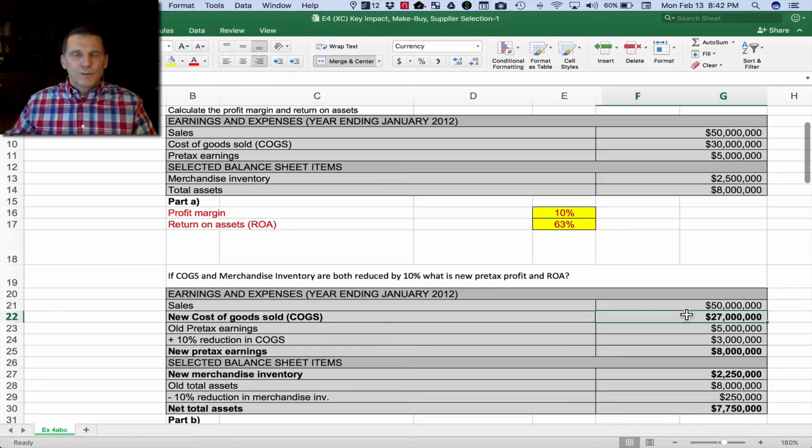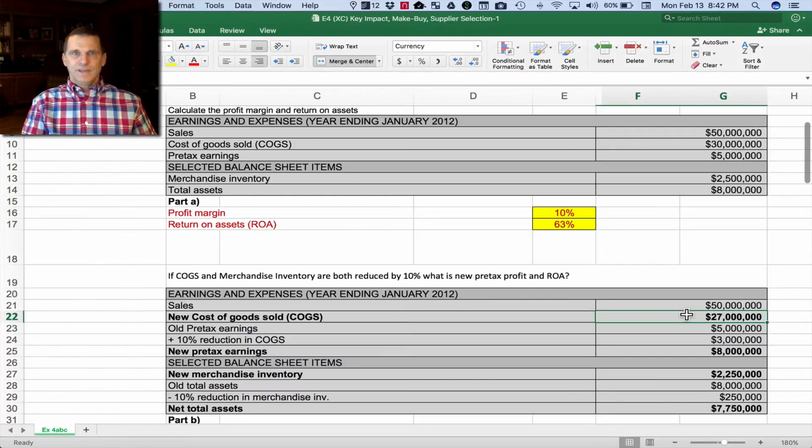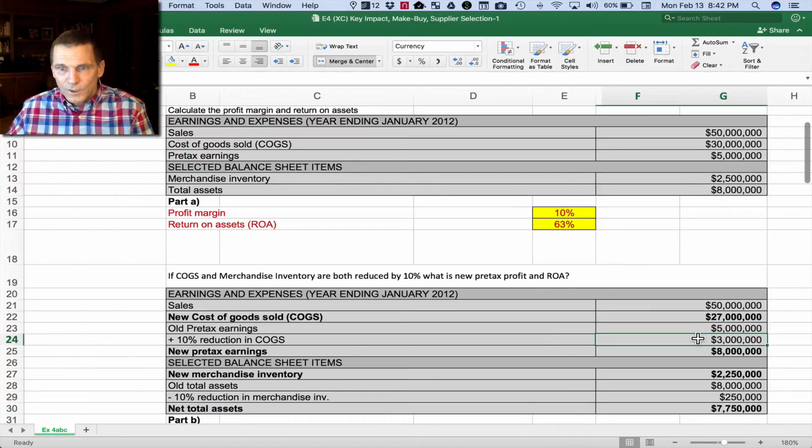And the key principle to remember here is that we have just taken in this model $3 million out of our supplier's pockets and put it in ours. That's $3 million we would never pay the supplier for exactly the same amount of materials that we used to pay them $30 million. Now we will pay them $27 million. For that reason, we need to add this $3 million back into our profits, right?